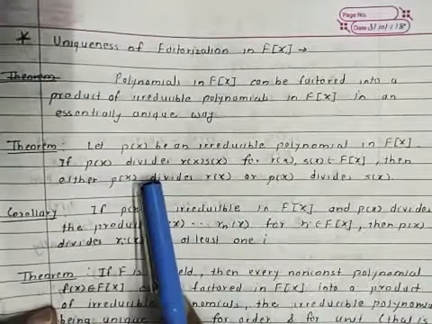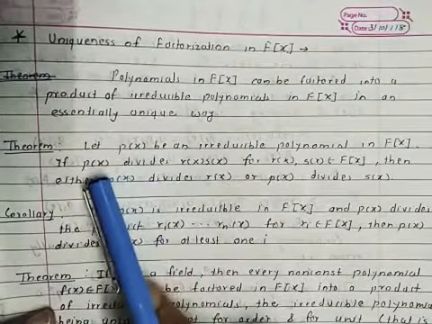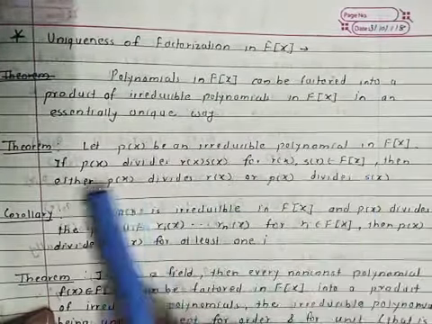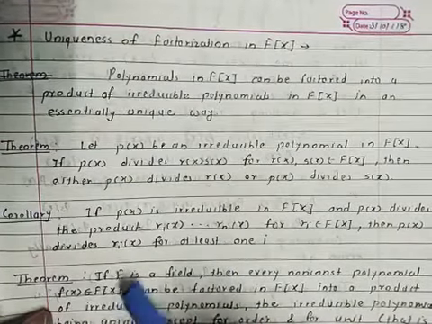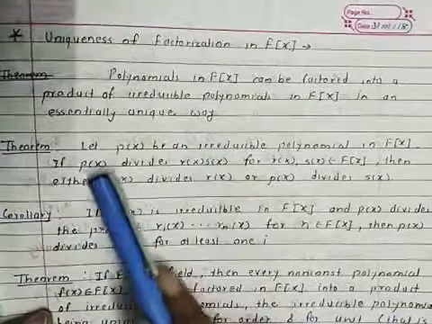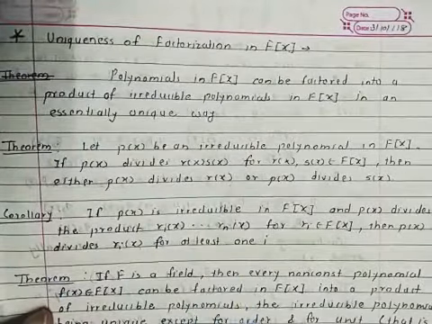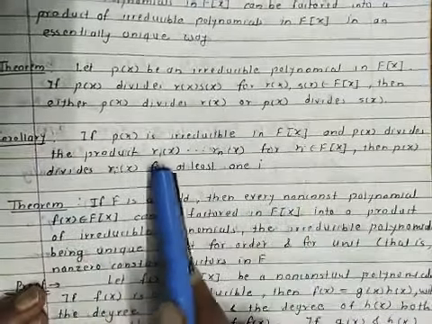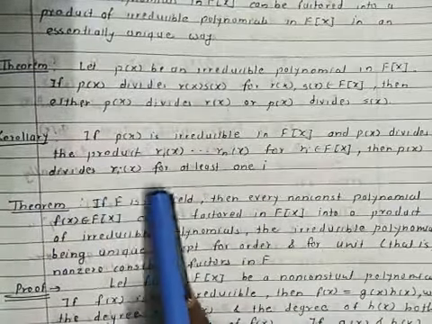If p(x) divides the product r(x)s(x) for r(x), s(x) belonging to F[x], then either p(x) divides r(x) or p(x) divides s(x), similarly to numbers. As a corollary, if p(x) is irreducible in F[x] and p(x) divides the product r_1(x) r_2(x) up to r_n(x) for r_i belonging to F[x], then p(x) divides r_i(x) for at least one i.